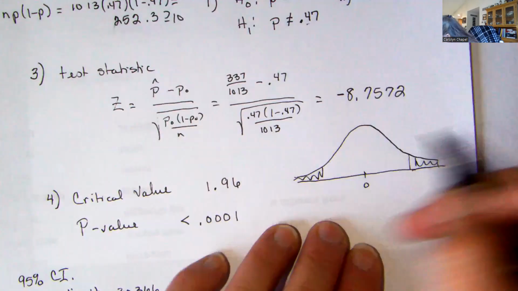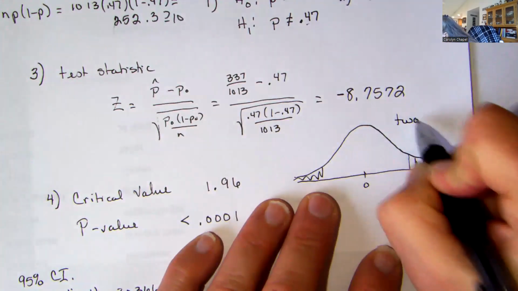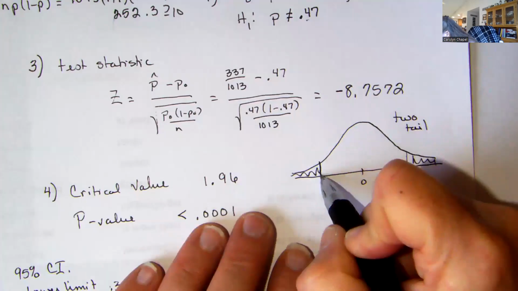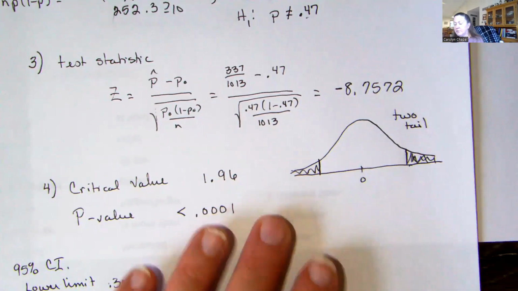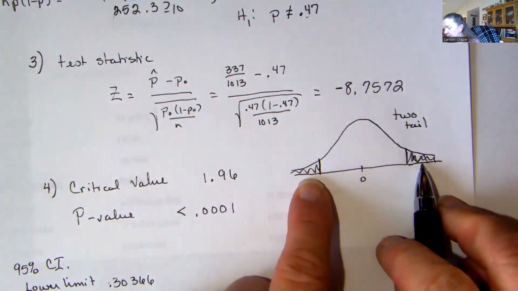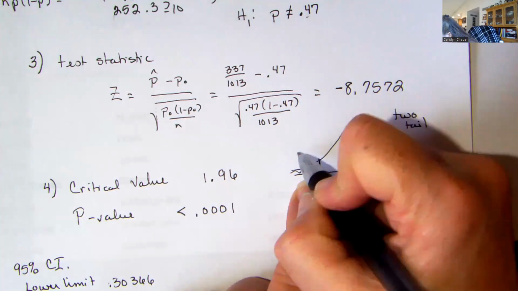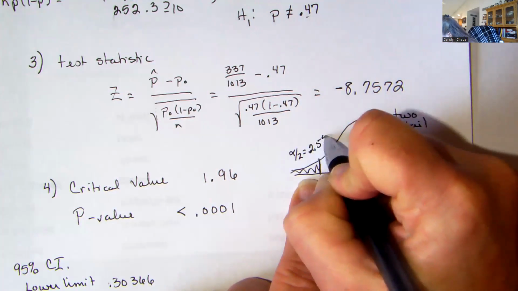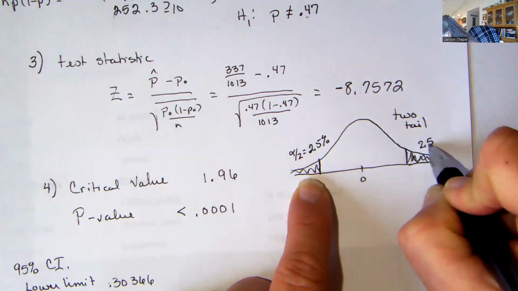Okay, so when we look in both directions, we refer to this as a two-tailed test. And so we have two critical values. Here we would put that alpha in both pieces. So this would be alpha over 2 here, which is 2.5%, and 2.5% here.